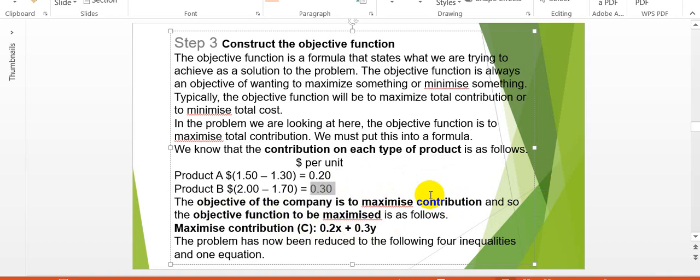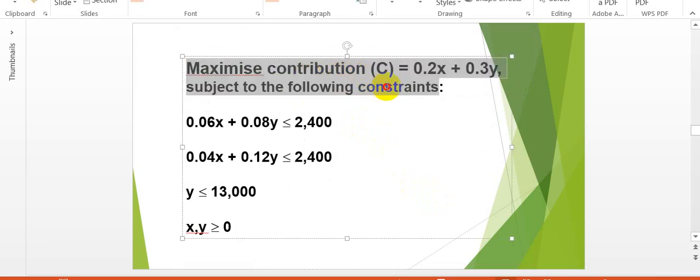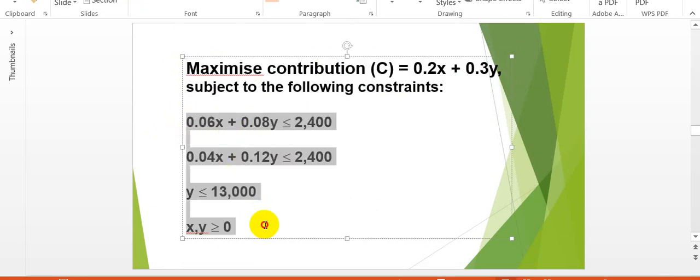So we've now reduced our problem to the following 4 inequalities and 1 equation. So we've got our equation there and the 4 inequalities.